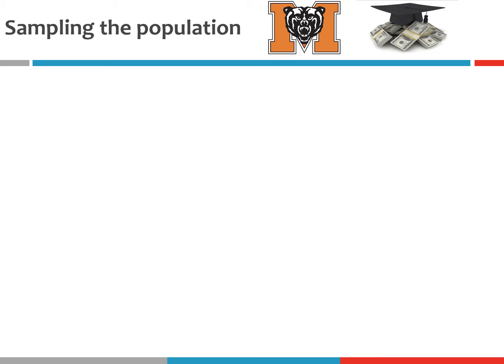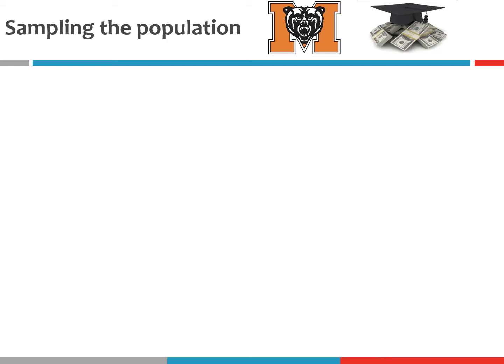So let's suppose you want to learn about how students at Mercer view a proposed tuition increase, right? So in an ideal world, if you had unlimited resources, you might just ask every single student on campus their opinion about the tuition increase, right?